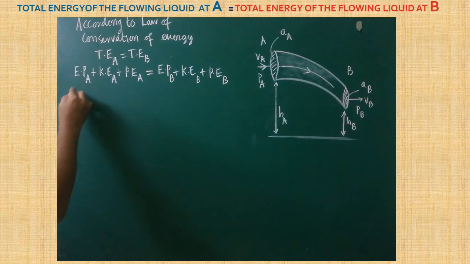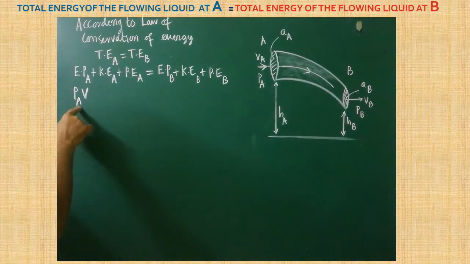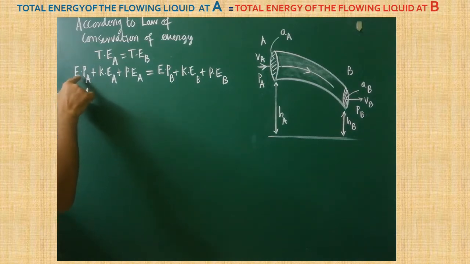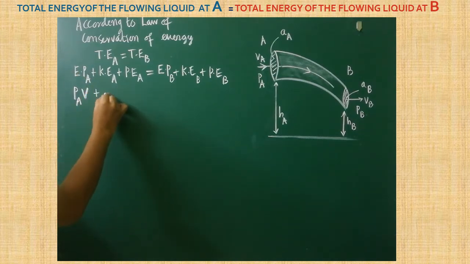Now I am going to write the fundamental expressions of each and every factor. PA into V. Pressure at A, if it is multiplied by volume, you will get energy, pressure energy at A. How will you write the kinetic energy?